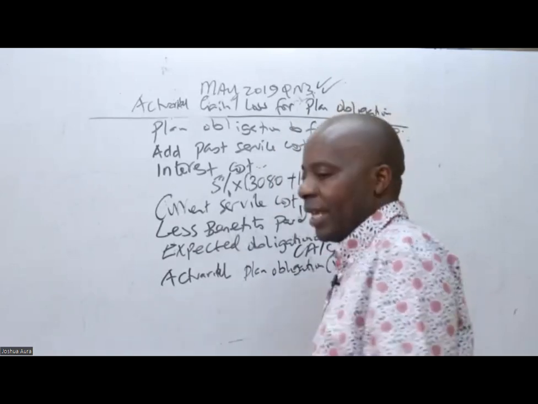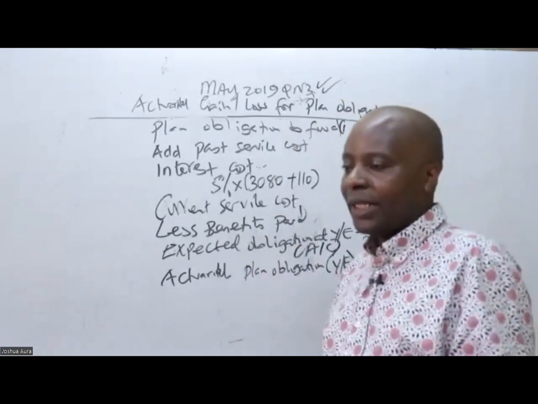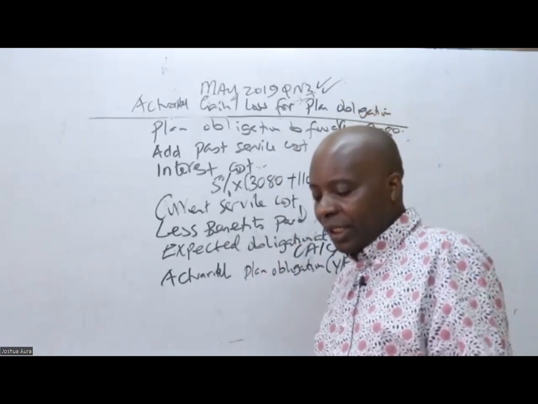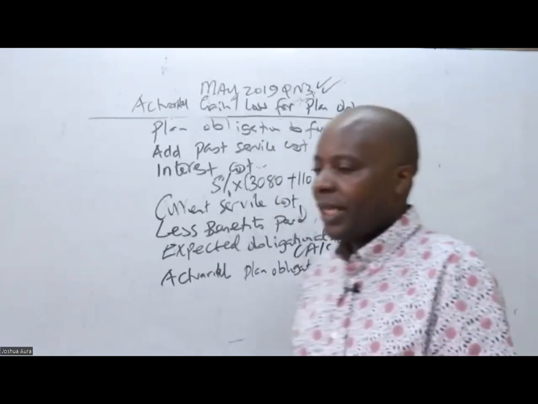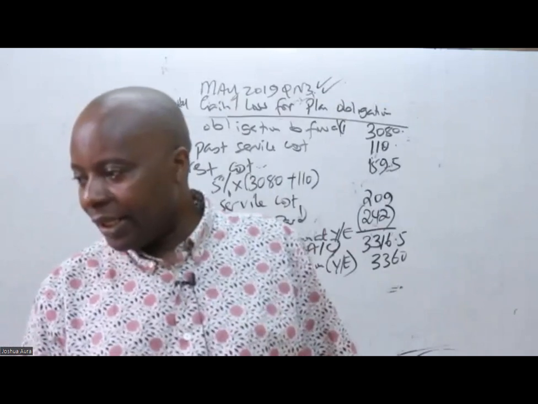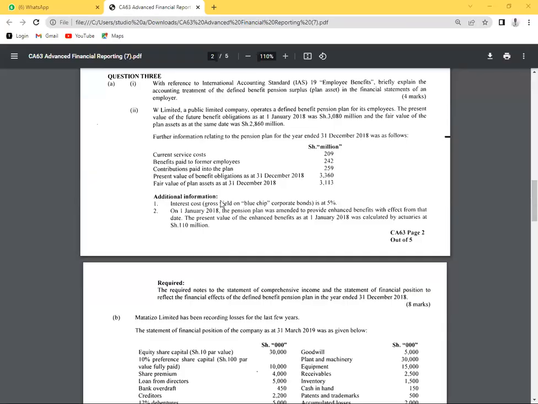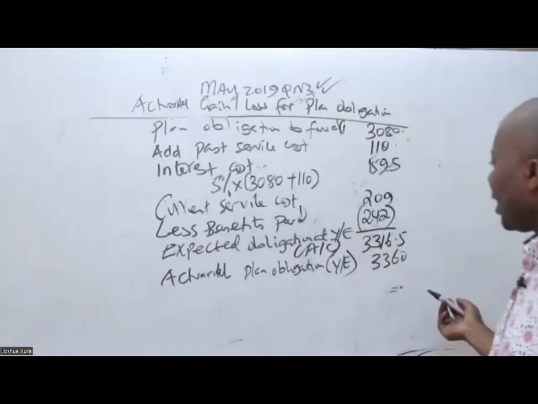How much is he valuing this at? At the year end, the actuary is giving us 3360. So we have here 3360.